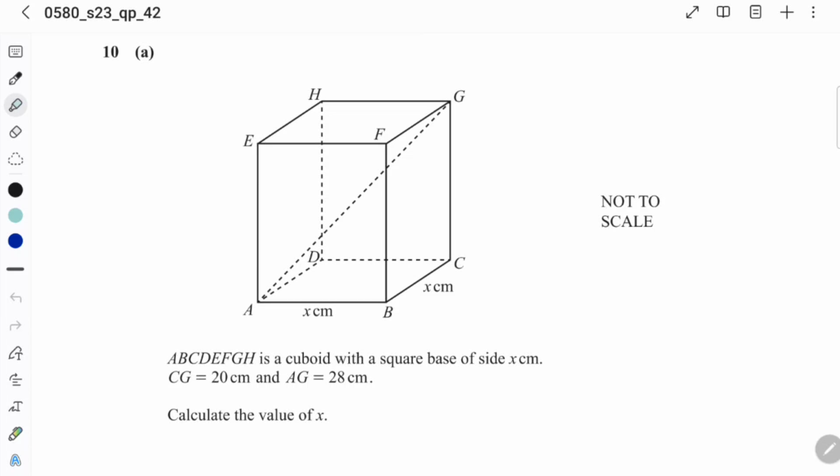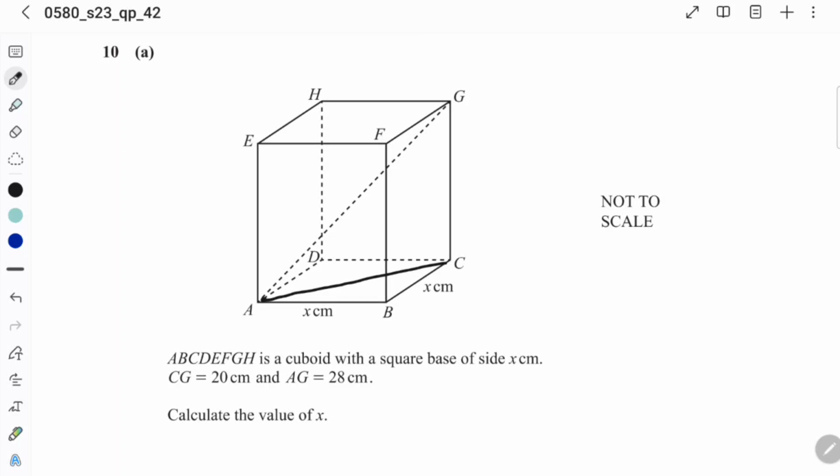For that we need to find one more unknown value. If we know the diagonal of ABCD, then it's easier for us to calculate the value of x, because the triangle ABC is a right angle triangle, because it's a square base.